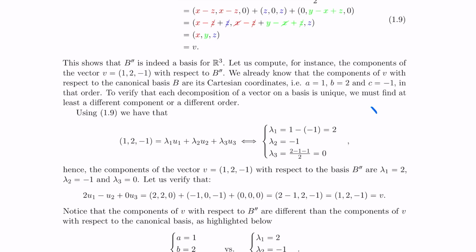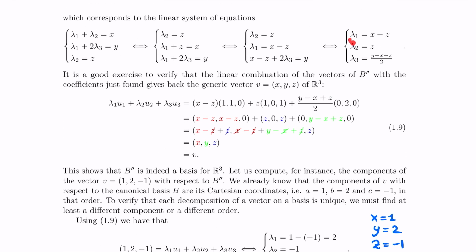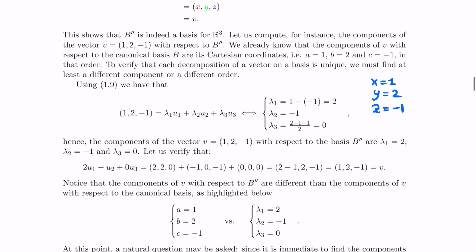If you introduce x equals 1, y equals 2, and z equals minus 1 in the previous expression of the components, here, here, and here, then you find that the components of this vector here with respect to the basis B second are lambda 1 equals 2, lambda 2 equals minus 1, and lambda 3 equals 0.